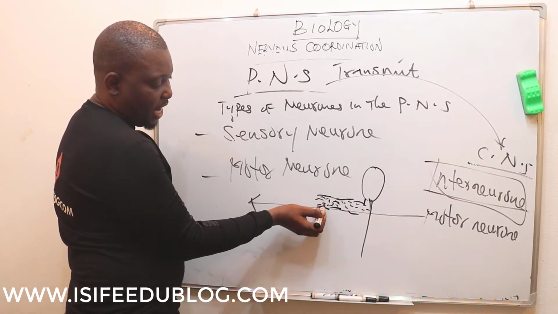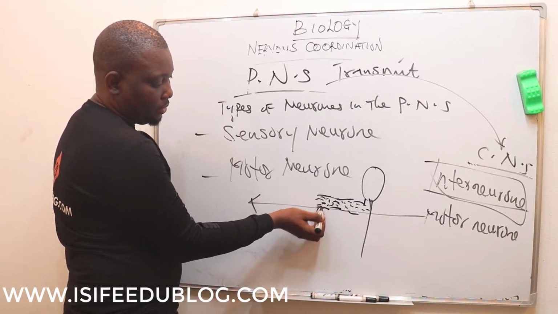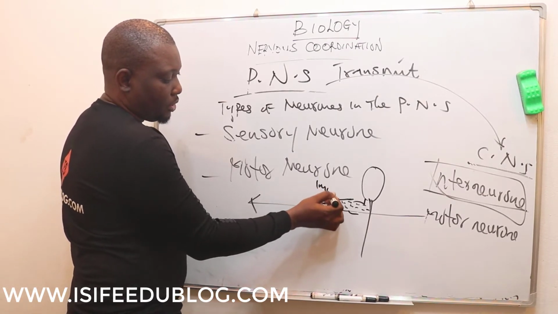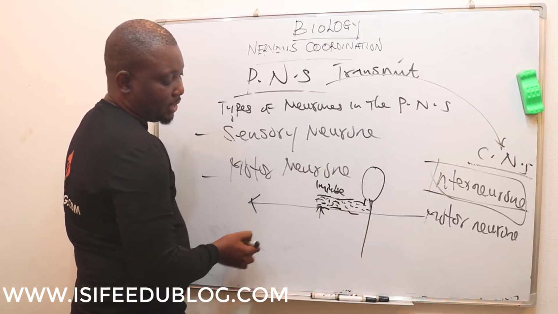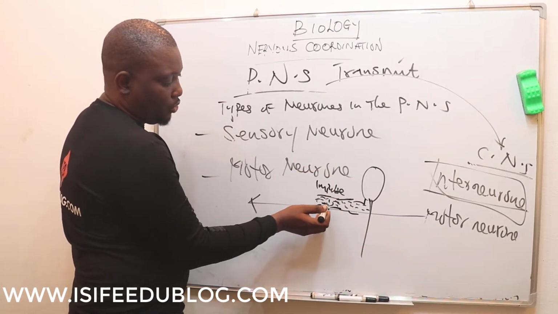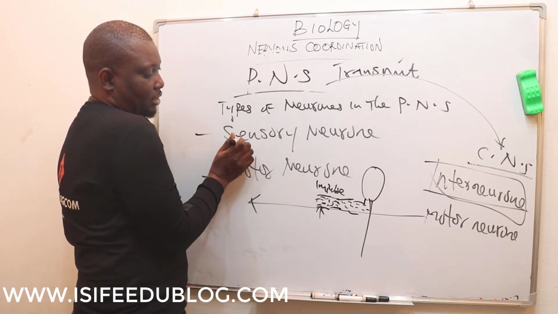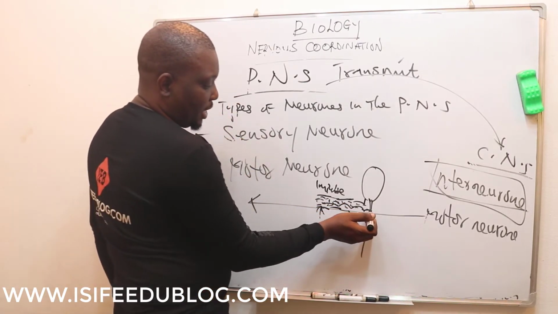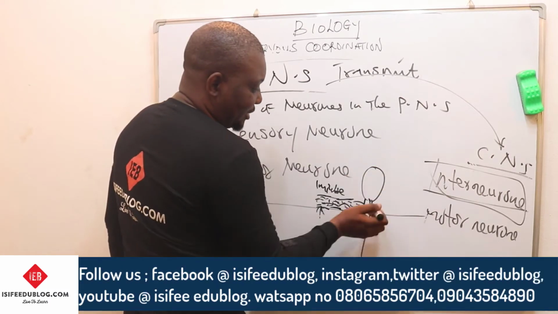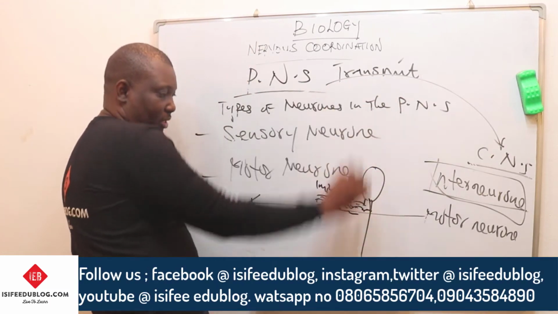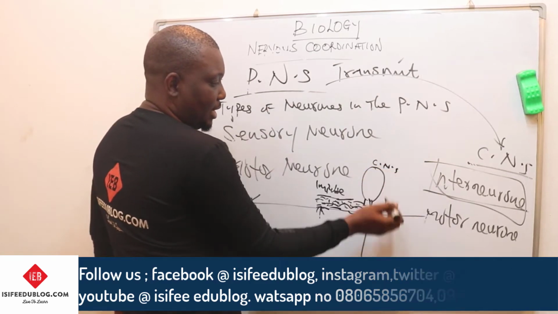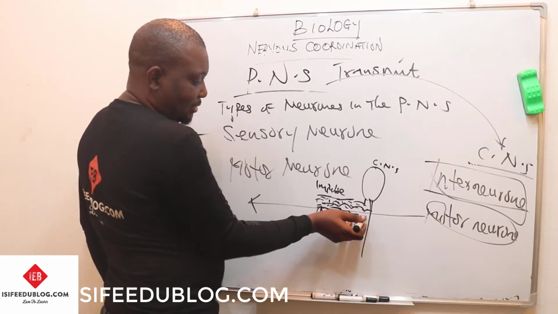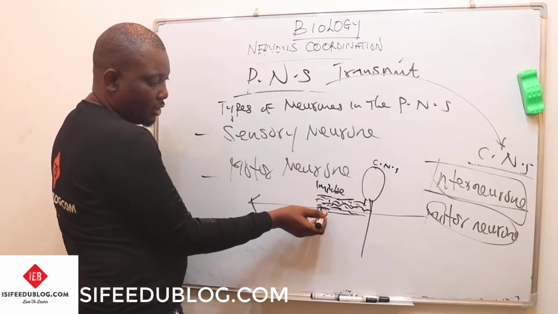One of these bundles of nerves is the sensory neuron, which receives this pressure and converts it into an impulse, through electrical means. These impulses are moved along the nerve endings of the sensory neurons. They convey it until it gets to the spinal cord. Once it gets to the spinal cord, another neuron at the central nervous system, the motor neuron, will begin its work from the CNS and come back again to the PNS.